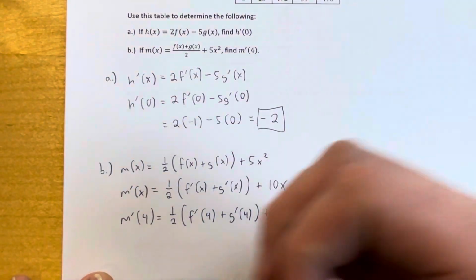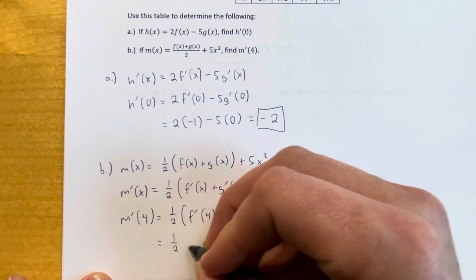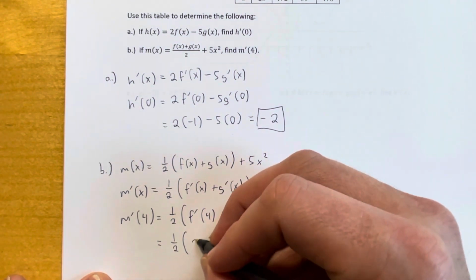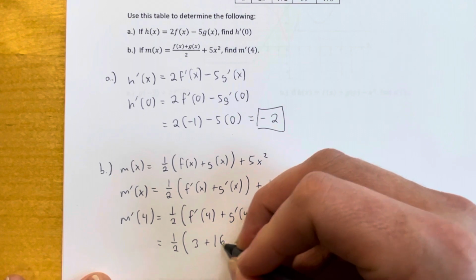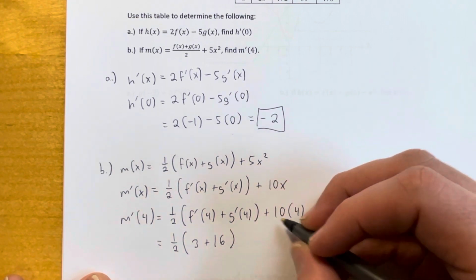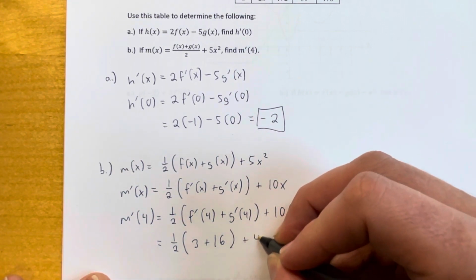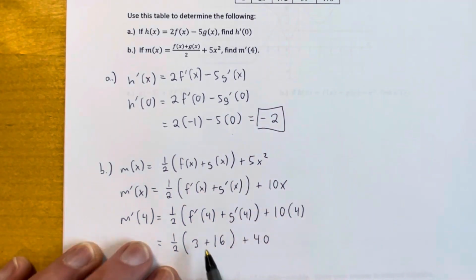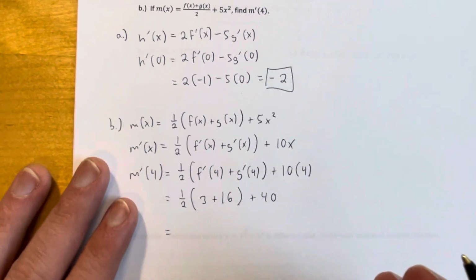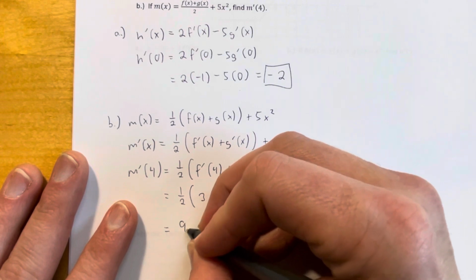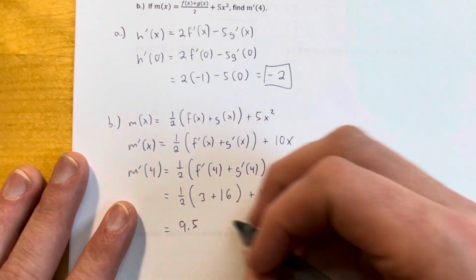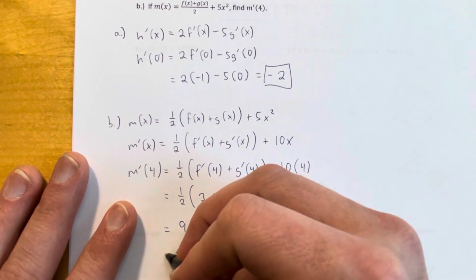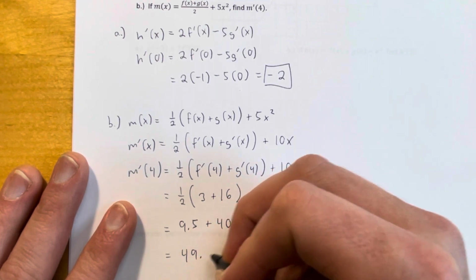So plugging those things in, I get 1/2 times 3 plus 16 plus 40, okay? 3 plus 16 is 19. 19 times 1/2 is 9.5, so that becomes 9.5 plus 40, which is just 49.5.